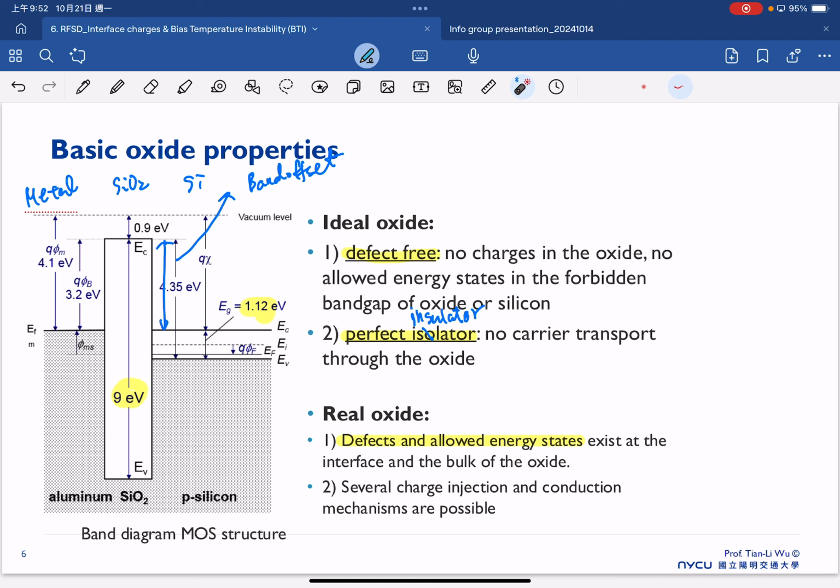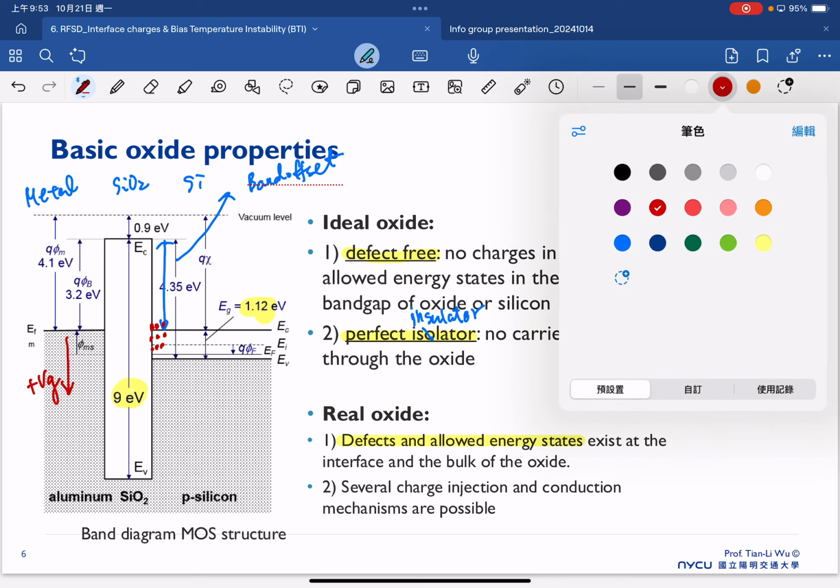Once we apply the gate bias, we already know from semiconductor physics that when the gate voltage is larger than the threshold voltage, we start to have electron formation at the interface between the dielectric and the semiconductor.